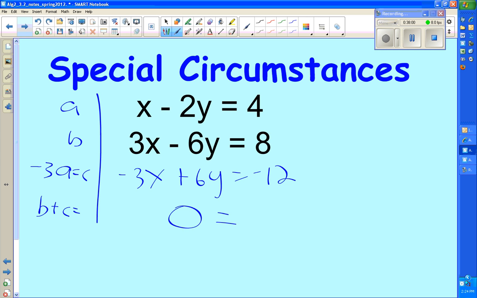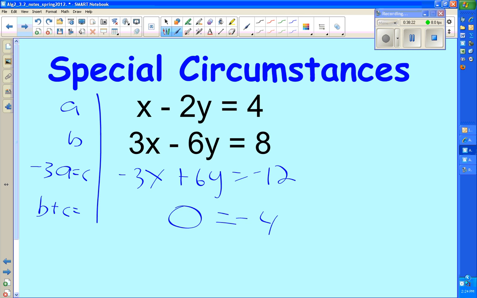There's no situation where this can be true. This is called a categorically false statement. If you get something that is always false, the system has no solution. That's a special situation. So there's no solution to that kind of a system.